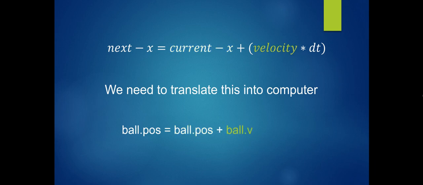And we're going to add the ball.v, which we just defined as 1 in the positive x direction, times our change in time. So we're just taking those things that we've talked about in our lab, and we're translating them into computer speak.